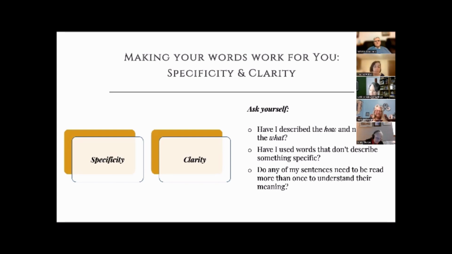In addition to making it more original, it's also really hard to visualize things that are vague. So you're not going to be painting a picture for the reader in the same way that you will be if you are using vague language rather than specific language or concrete language.